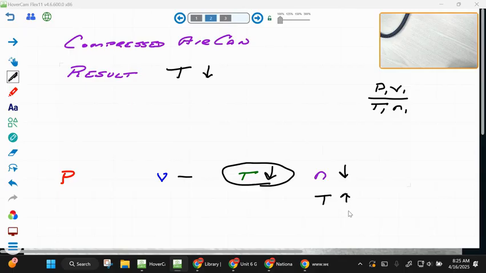Absolutely no doubt, correct? N is down here in our formula. Where is P? Above it. What kind of a relationship does that make for these two? Direct. Which means if N is going down, so is P. P has to be going down.